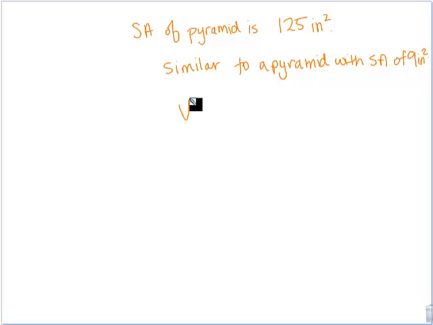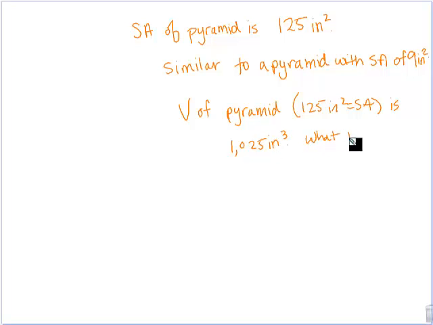And then I tell you that the volume of the pyramid with the 125 inches squared for the surface area is 1,025 inches cubed. What is the volume of the other pyramid?